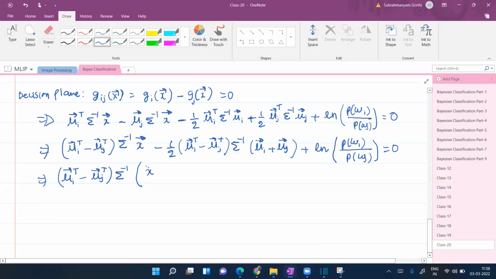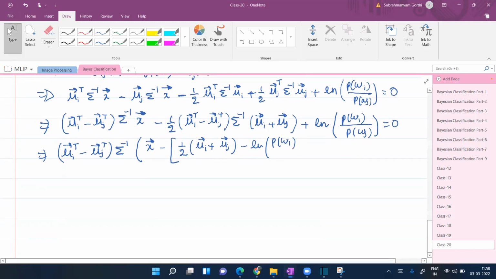I would get there x bar minus 1 by 2 into mu I bar plus mu j bar, minus natural logarithm of this derivation. Intermediate steps were not given in the textbook, so please pay attention to it. Otherwise, minus natural logarithm of probability of omega I over probability of omega j into the same trick as you used earlier, mu I bar.